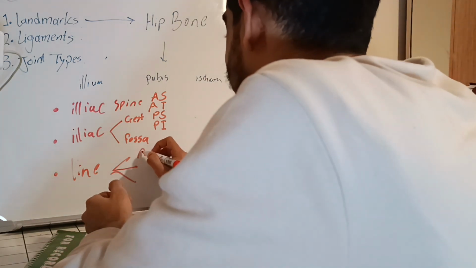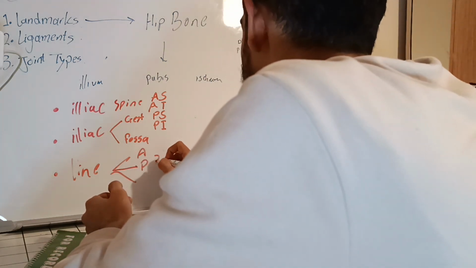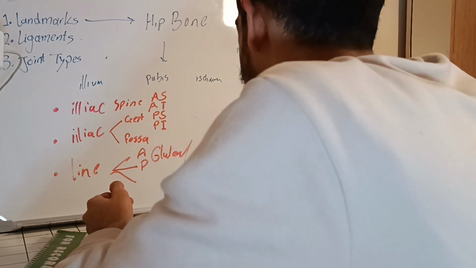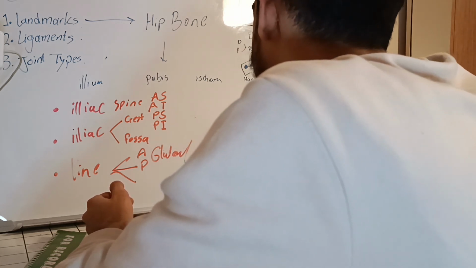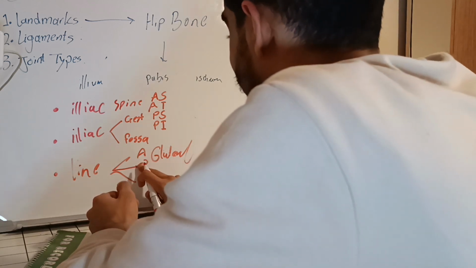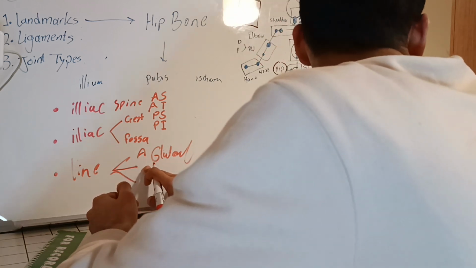You can also have the anterior and posterior gluteal lines.